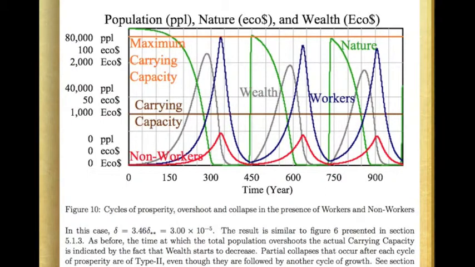Remember that nature regenerates because the regeneration term in nature is proportional to it, because it has this natural capital built in. So it's able to bounce back. Once it bounces back, it enables again growth of populations, both populations and wealth, and then it crashes again because of consumption. And you see these cycles.